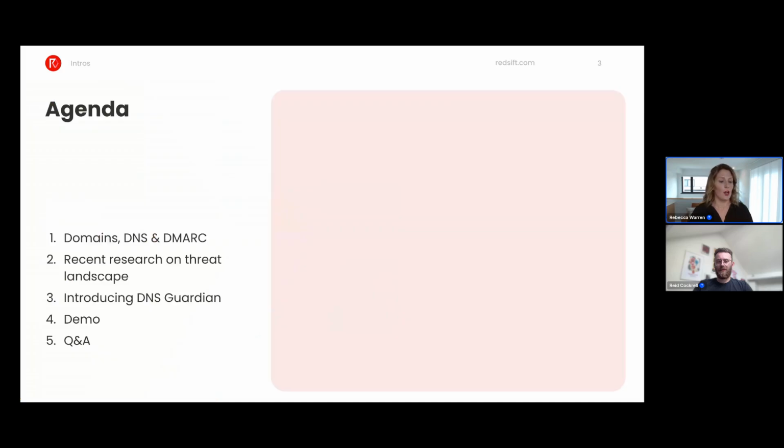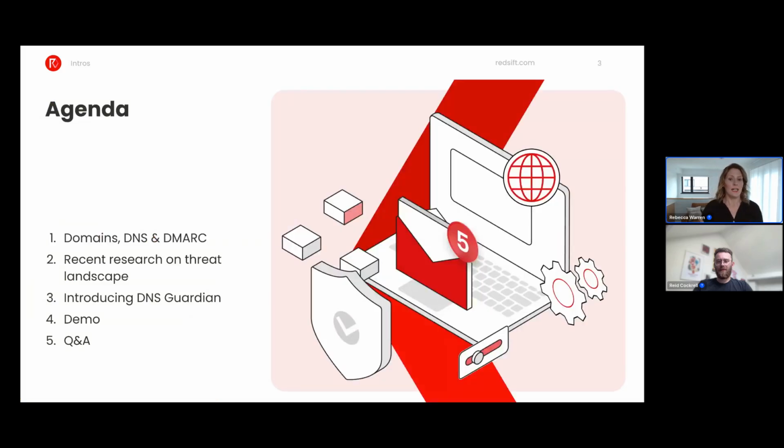So let's talk through the agenda. A lot of what we're going to cover today is fueled by the recent release of DNS Guardian, which is a new feature in Red Sift OnDMARC that we announced on Tuesday. If you haven't heard the news, that's no problem. We're going to cover all of it today. But this feature is really focused on the security risks that sit at the overlap between DNS and DMARC.